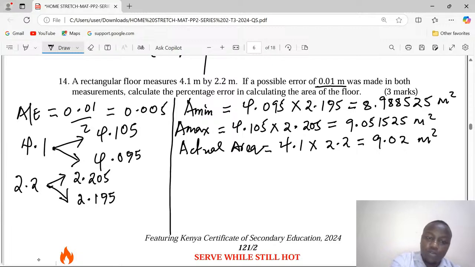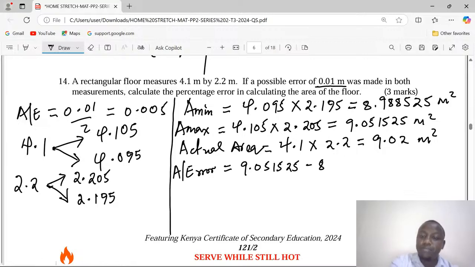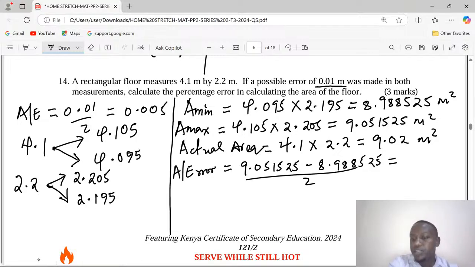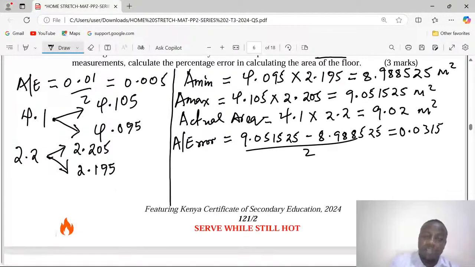Now we can talk of absolute error in the computation, which is given by maximum minus minimum, divided by 2. This is going to be 0.0315.